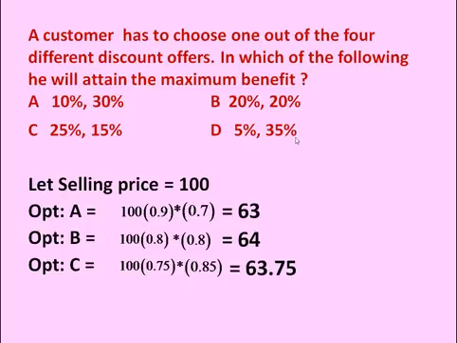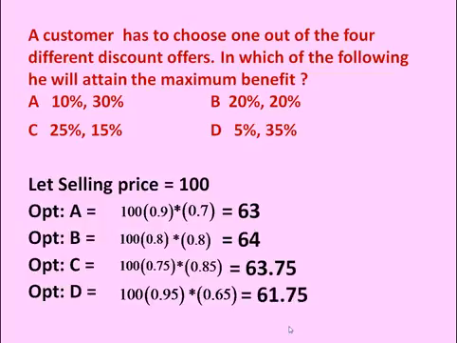Now if we see option D, here first he is getting 5%, means he has to pay 95%, and then he is getting 35%, so he has to pay only 65% of this. This is equal to 61.75. So if he opts for option D, he is getting the maximum benefit, means he has to pay the minimum price for the product. So the answer is D.